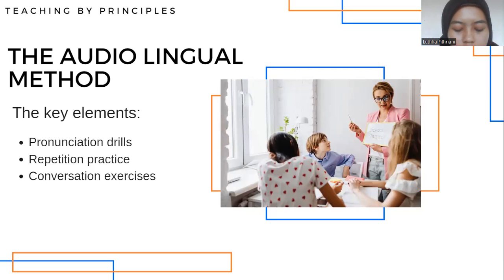After that, in the middle of the 20th century, the audiolingual method spread more broadly into educational contexts to teach oral skills of a foreign language. There are some key elements of the audiolingual method. Those are pronunciation drills, repetition practice, and conversation exercises.